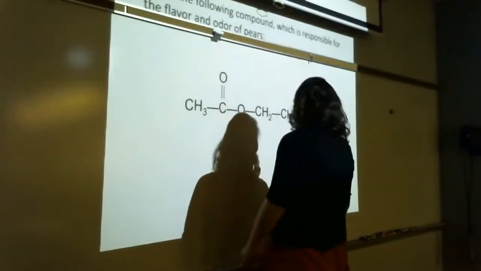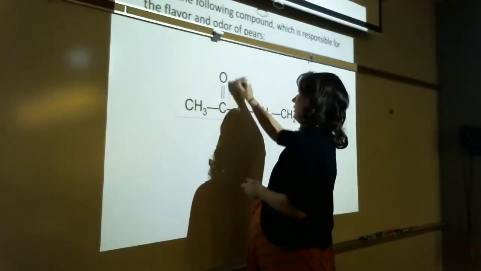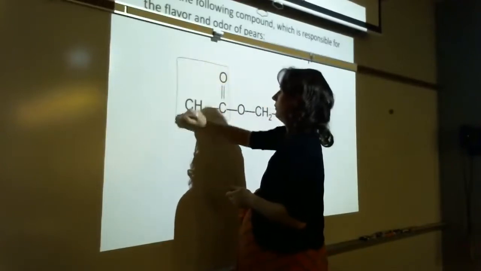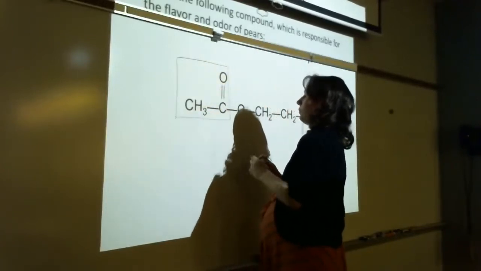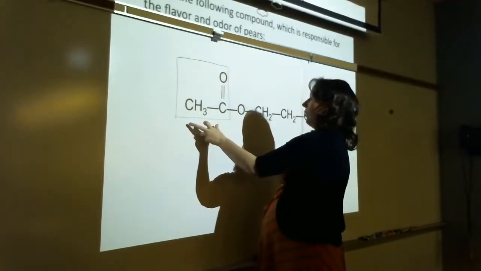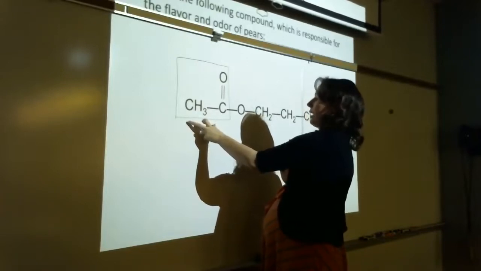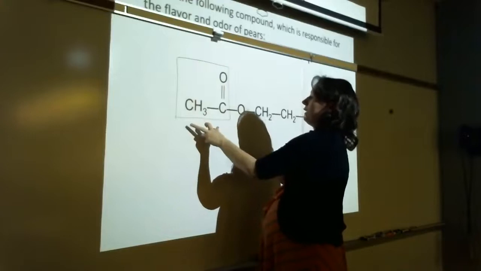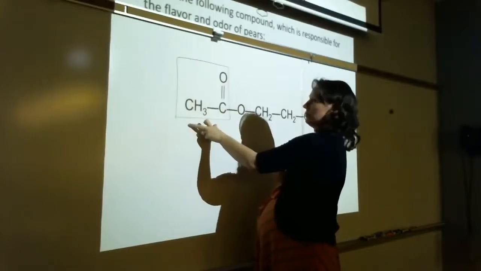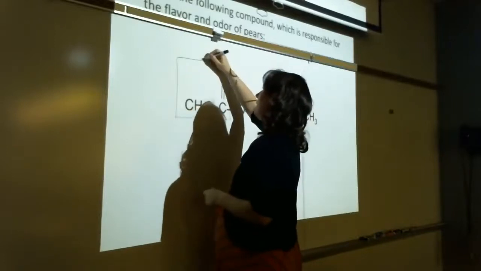When we break this down, what part did this come from? The carboxylic acid or the alcohol? All right, this came from the carboxylic acid. What carboxylic acid specifically did it come from? Ethanoic. Right, this came from ethanoic acid.